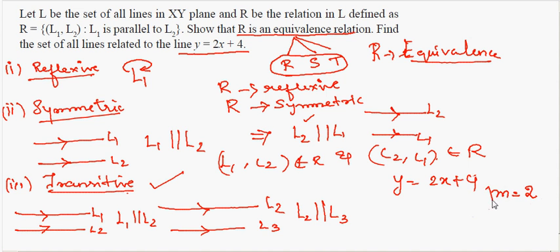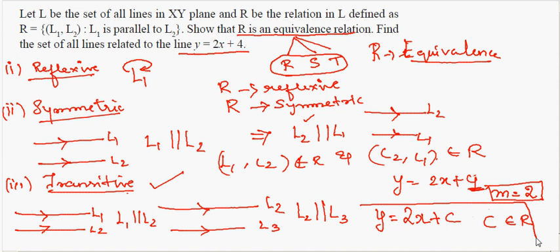So the slope will be equal to 2. Then only will any two lines be parallel. The one which is changing will be the constant, that is c. So I can say the set of all lines related to the line will be y = 2x + c, where c belongs to the real numbers. So this is the set of all lines which will satisfy the given condition of parallelism. I hope you are clear.